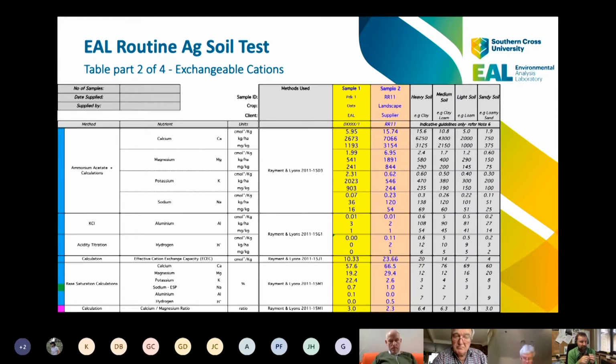Effectively, a clay soil has a much higher summation of cations than a sandy soil. So you can see there, you've got 10.33. If you look across, it's sitting between a medium soil and a light soil. And then that landscape soil, it's 23.66, which is sitting above a heavy soil.